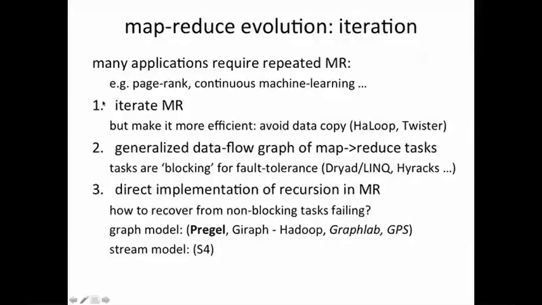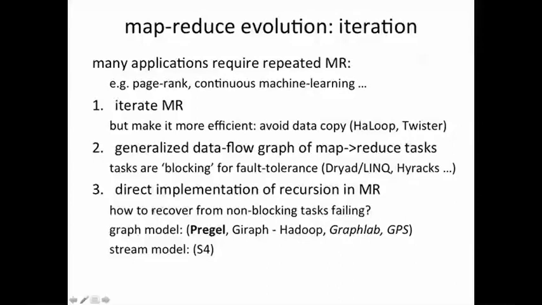One is to make it more efficient by avoiding copying data between successive reduce and map phases. Second is to generalize the model itself by using arbitrary combinations of map and reduce and pipelining of data between them. And the third is a direct implementation of recursion in a MapReduce-like environment.